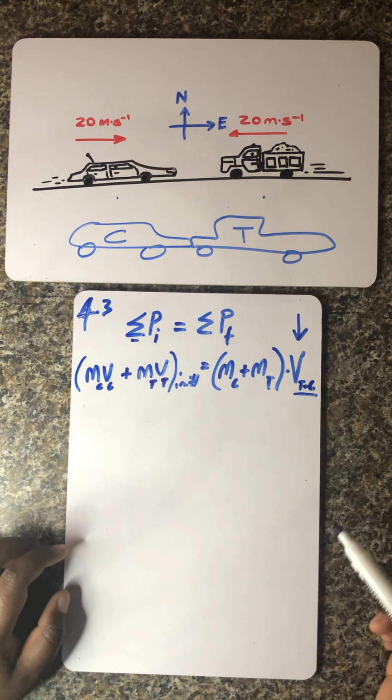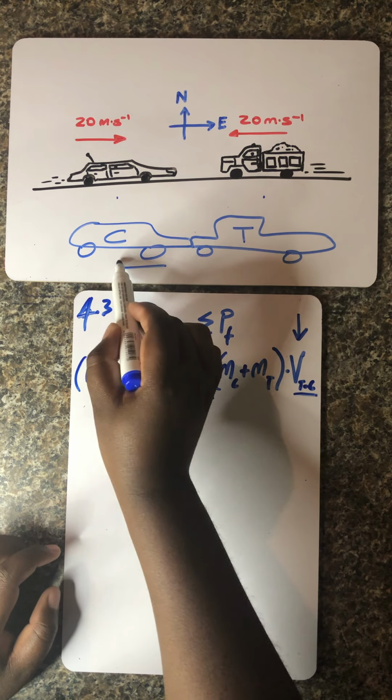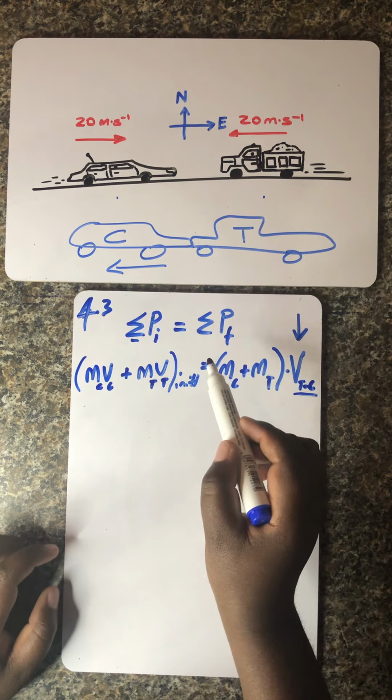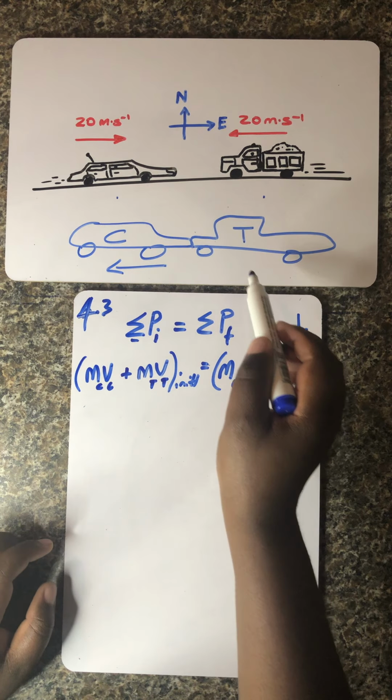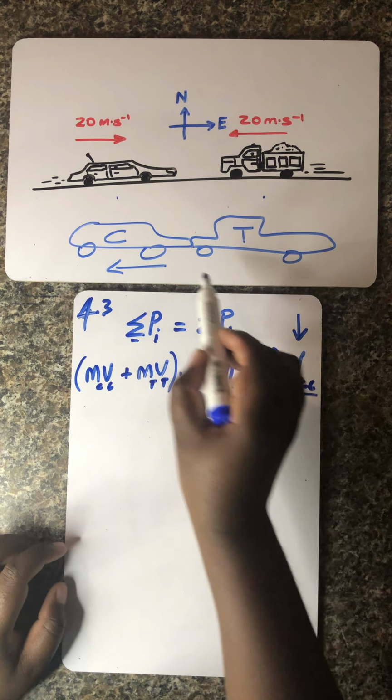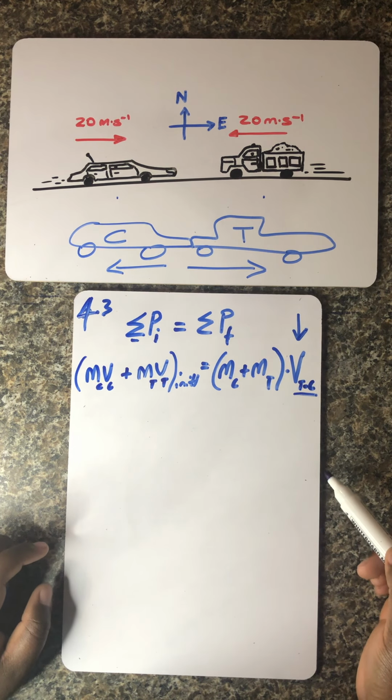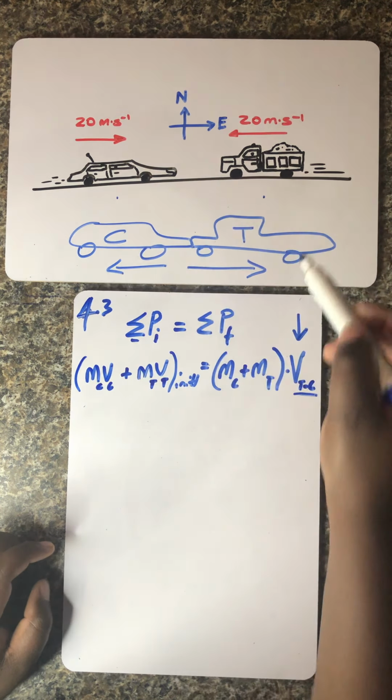So that means if they are moving in that direction, they are moving in unity. They move together as they're sticking together. If they move in that direction, they move at the same speed, because after collision they said they stick.